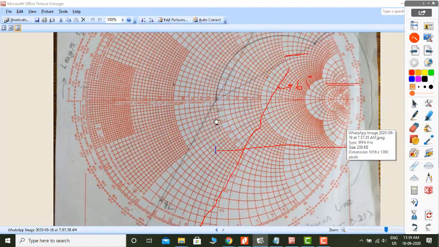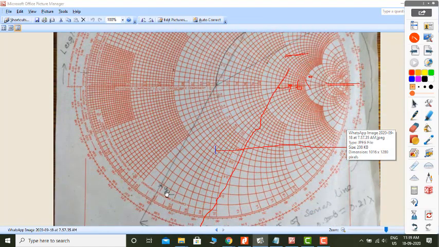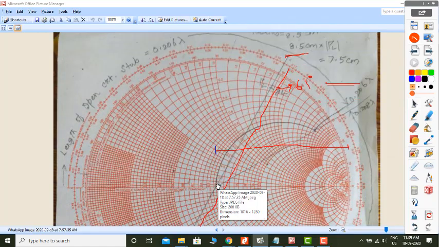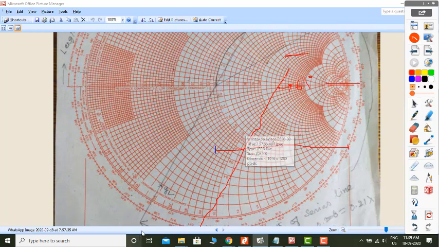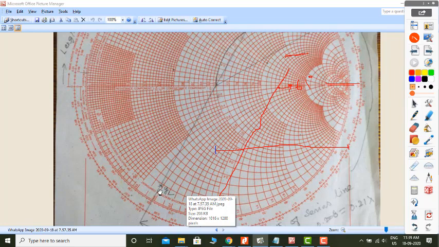When you extend the line in the opposite direction, it will be crossing at YL. Up to here it is 7.5 centimeter. This also is 7.5 centimeter. We are not interested in the 7.5 centimeter itself, because when you measure the load admittance, you have to read the YL point here.